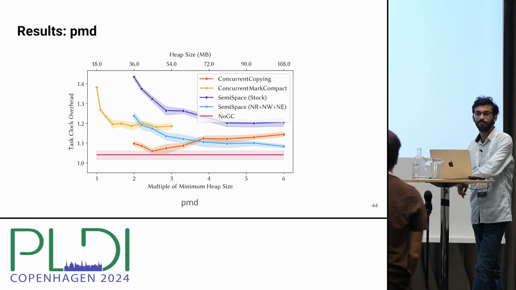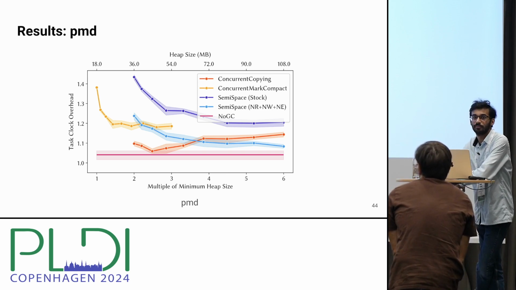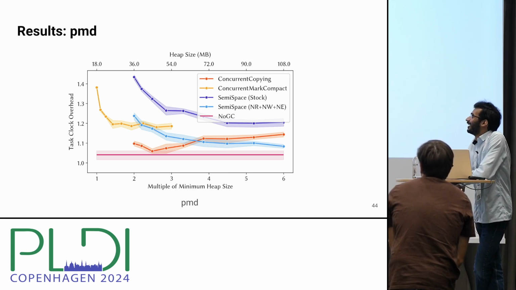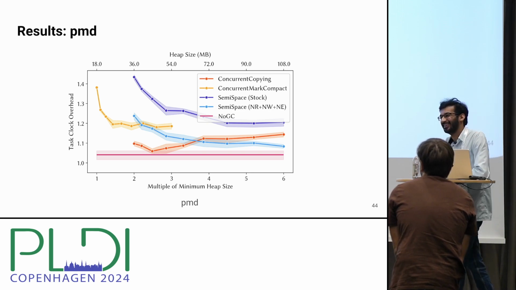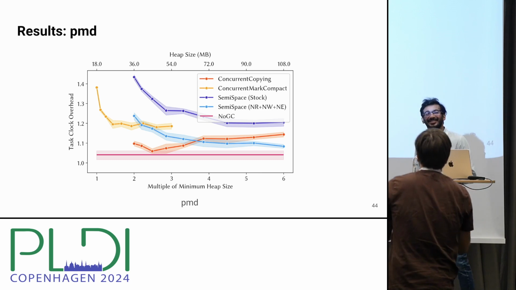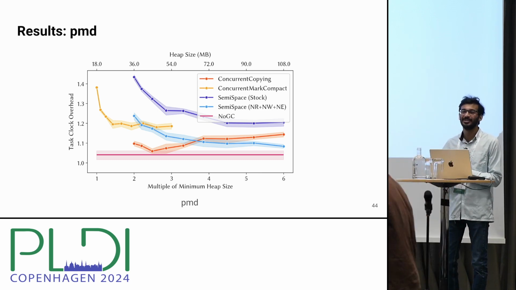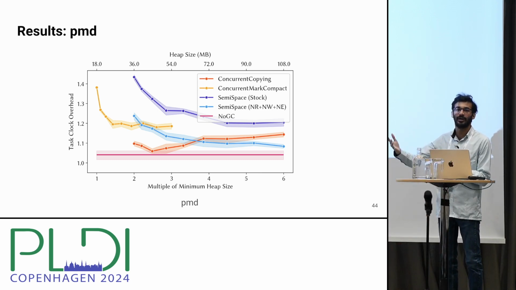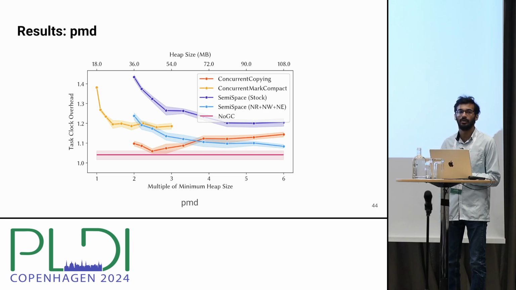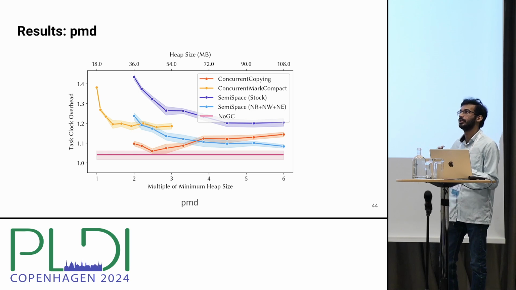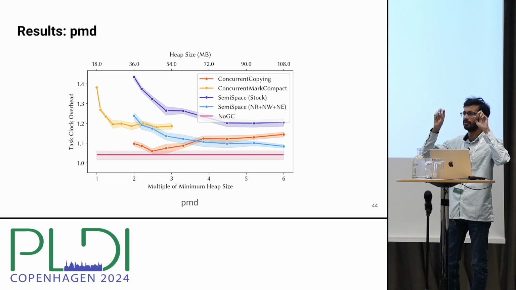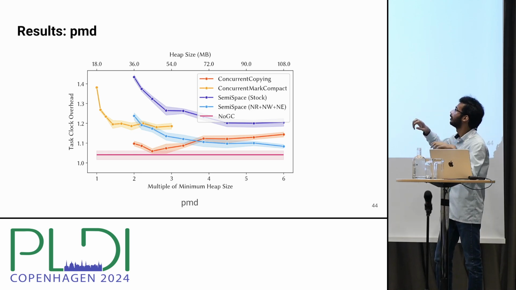Since you're already on that slide, can you also clarify why the yellow line starts at that point? Okay, right. This is essentially an artifact of how Android considers what the heap size is.